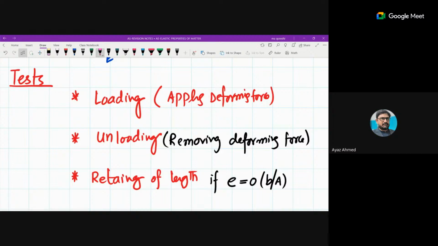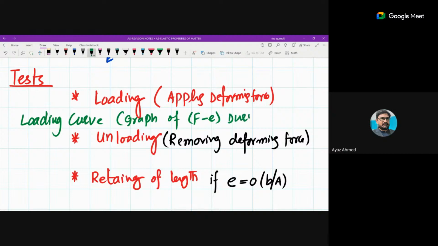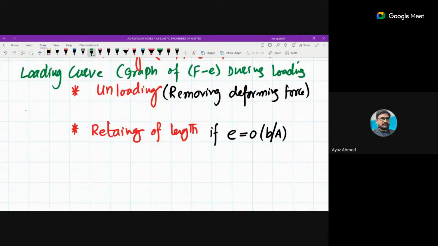The graph which you obtain during loading is called your loading curve. It is basically the graph of force and extension during loading. Then the unloading curve is the graph during removing the deforming force, so I'm writing during unloading.